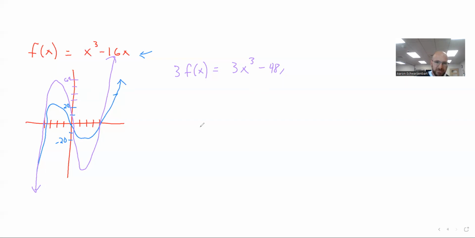Okay, if I do a shrink by a factor of 1/2, that's going to look like this. Again, it's inside. There should be an X there.